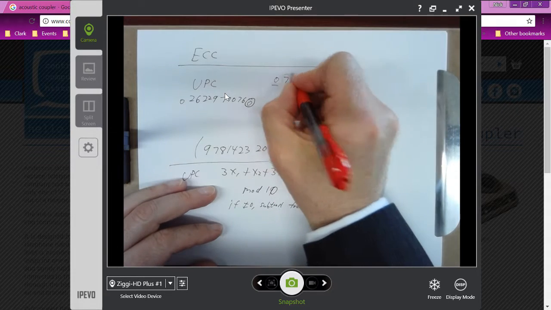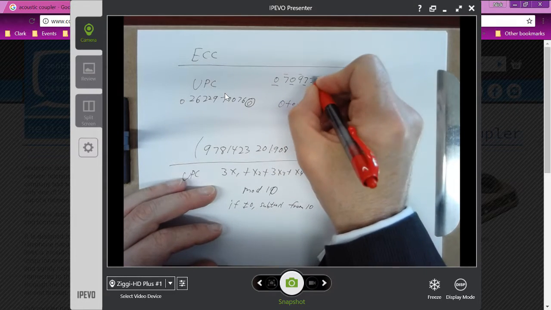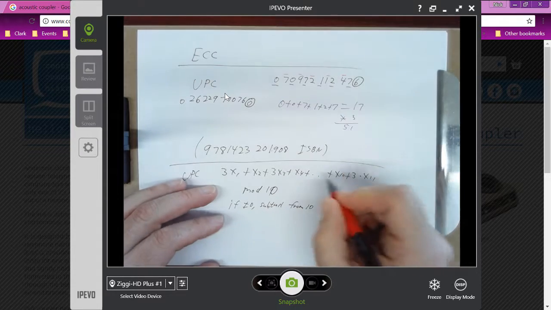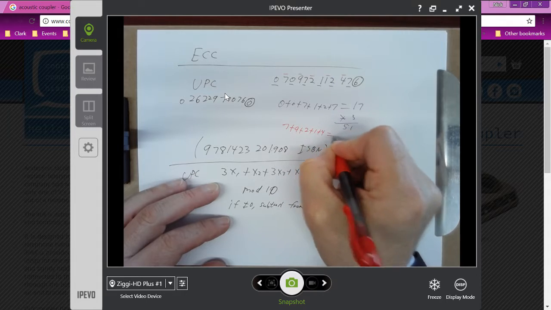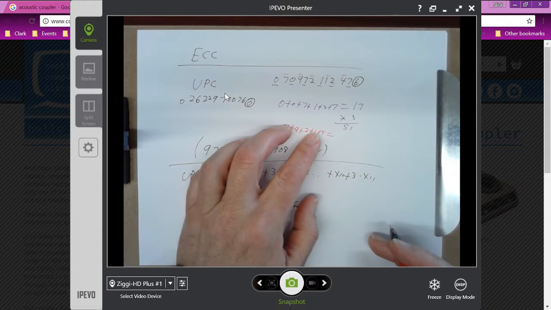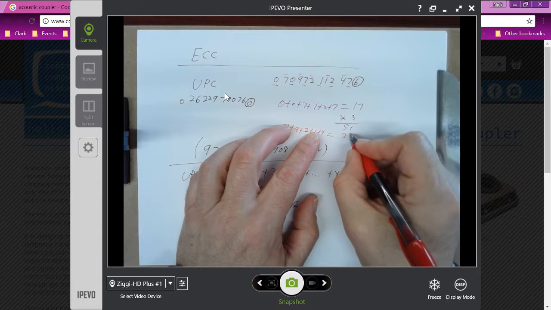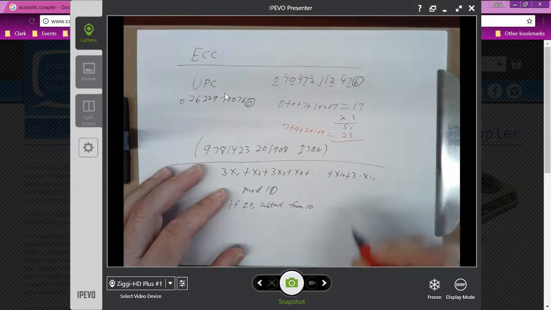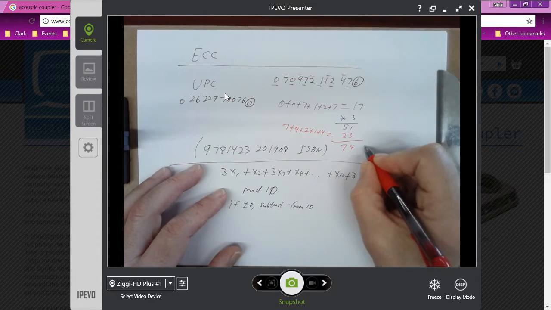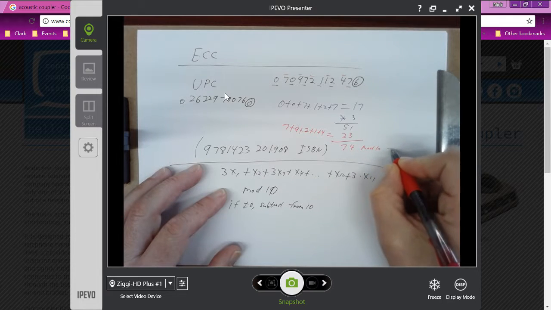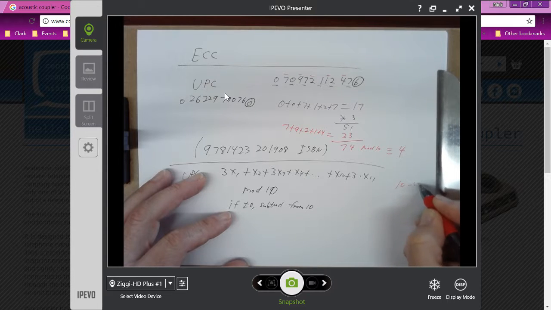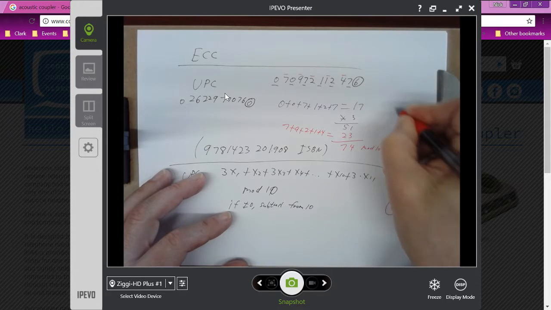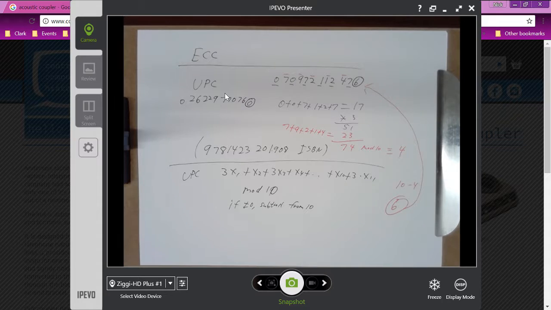And then the even digits: 7, 9, 2, 1, and 4. So 9 and 7, 16, 18, 19, 23. And then 51 plus 23 is 74. Mod 10, this is congruent to 4. 4 is not equal to 0. Subtract it from 10, gives you a 6. That's what your check digit should be. So that's a valid UPC code.